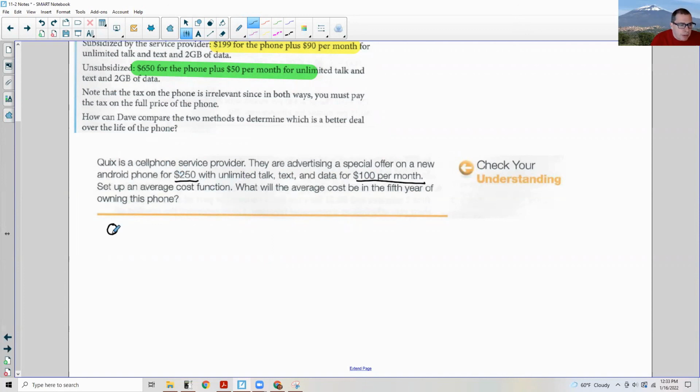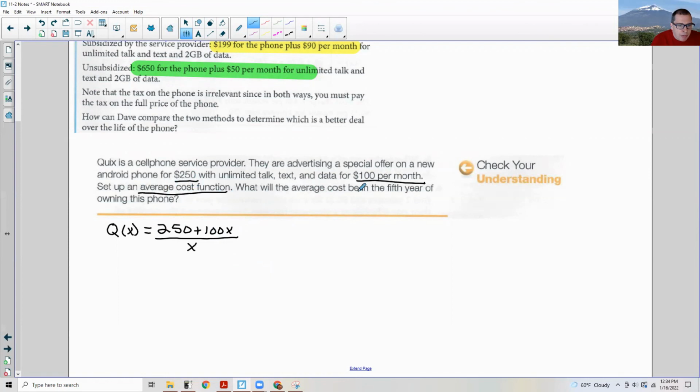All right, so for starters, let's just call it Q of X since it is the company Quicks. Q of X equals $250 for unlimited talk plus $100 per month. And if we're doing a cost average, you divide by the number of months. So there is our average cost function.